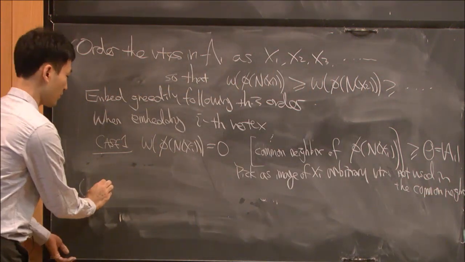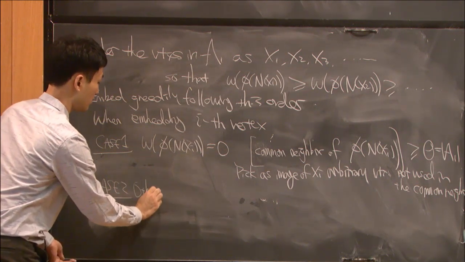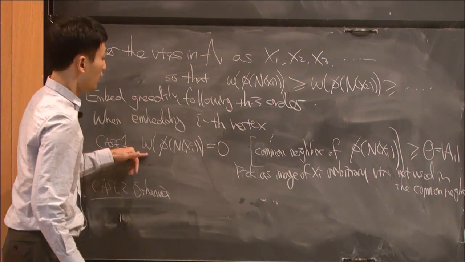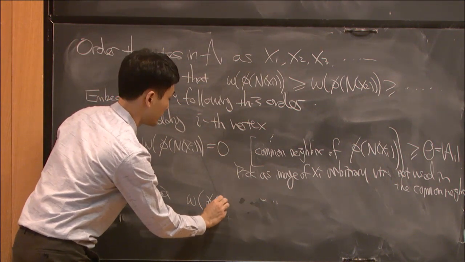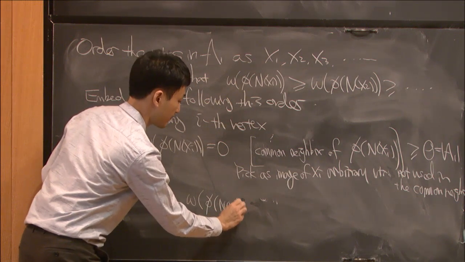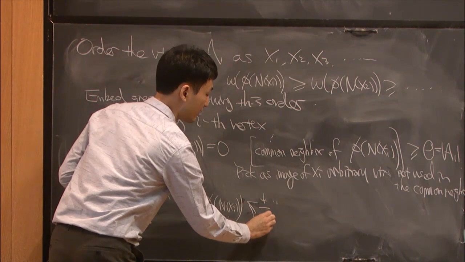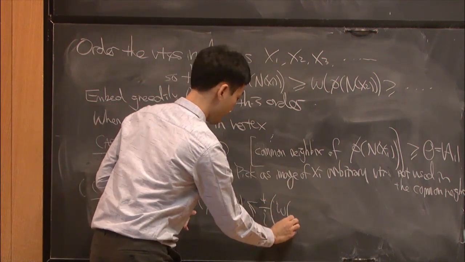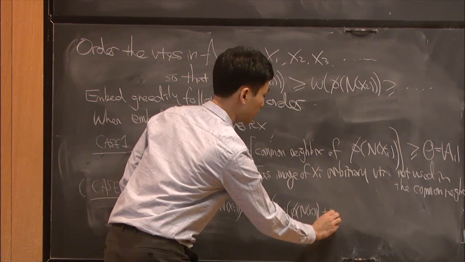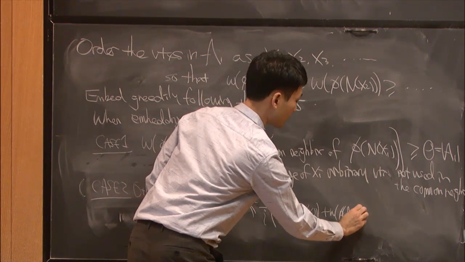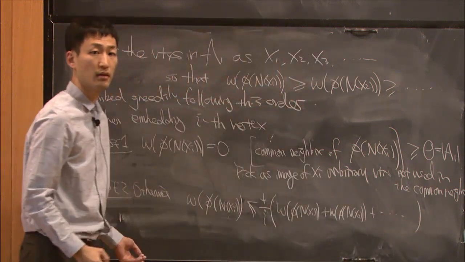Now, the main case is, of course, the second case when it's not equal to 0. What we know then is that omega, the defect of what we're interested in, is at most 1 over i times the defect of the first vertex plus the defect of the second vertex, and so on to the ith vertex.